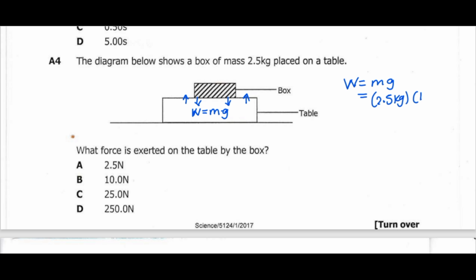Then gravity is 10 Newton per kg. So if we cancel and multiply 2.5 times 10, it will give us 25 Newton. So this box exerted 25 newtons toward gravity. So our answer is C.